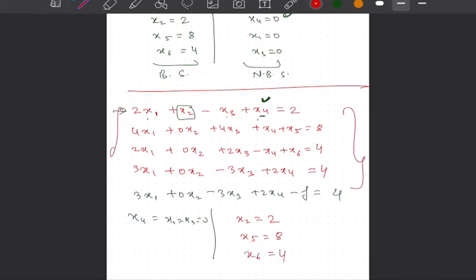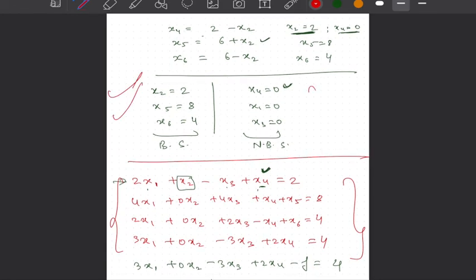So this solution is exactly the same as what we derived earlier, just by looking at how much we should change x2 and so on.